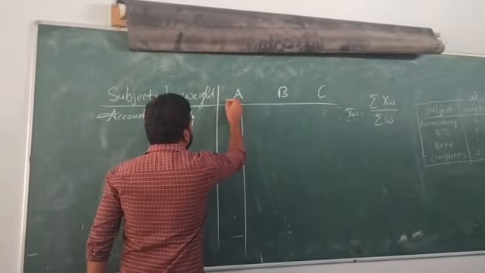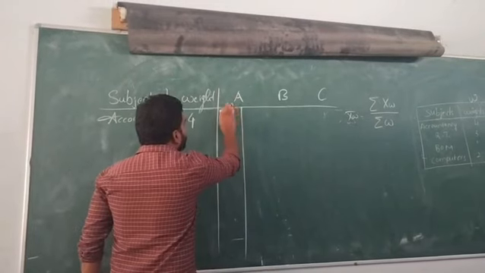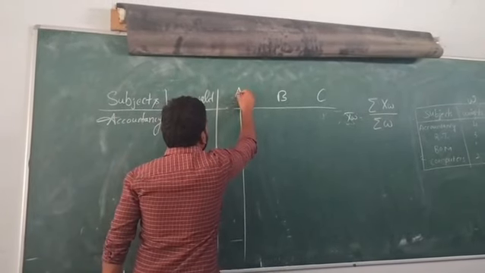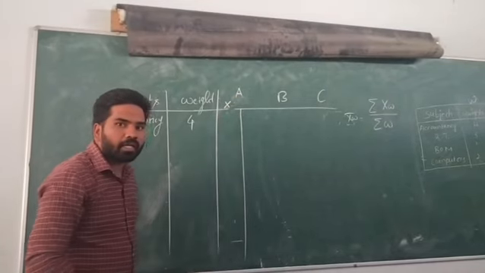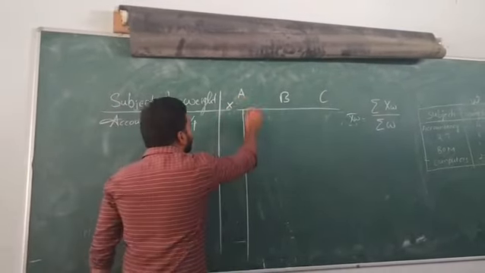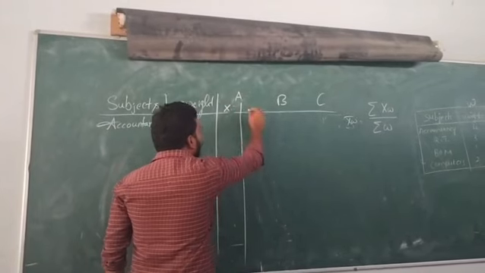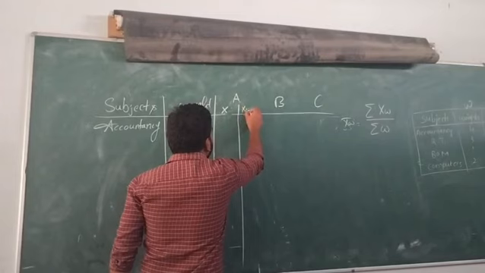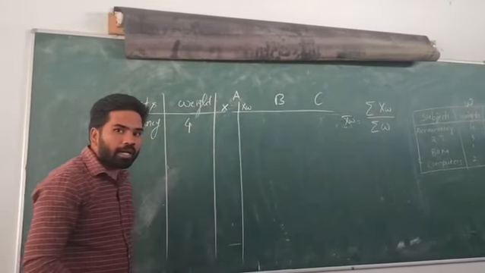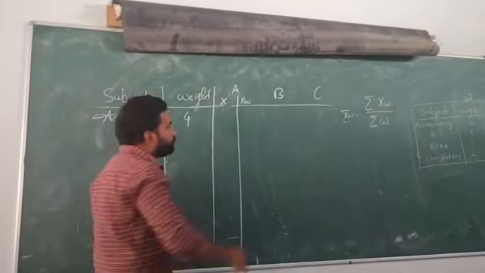Okay, so student A is again divided into two types. Marks obtained by the student, denoted as X. We have to find the weighted marks, denoted as XW.